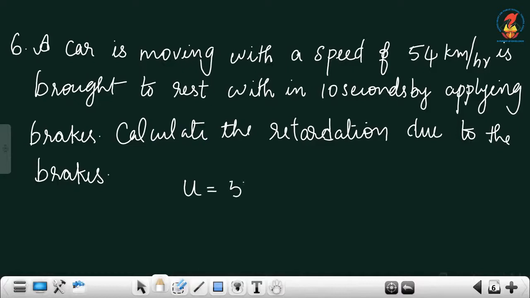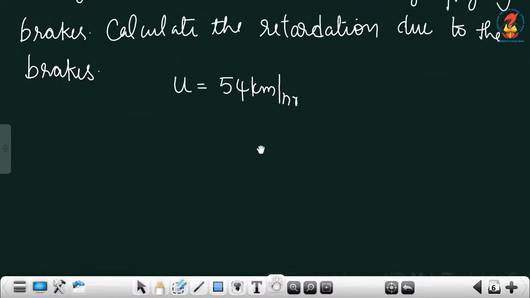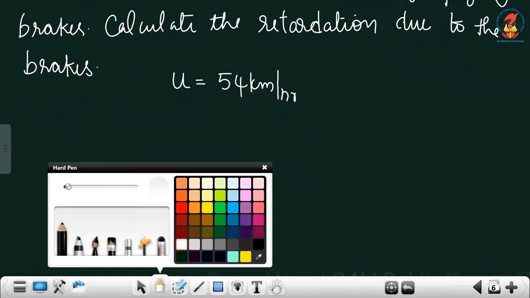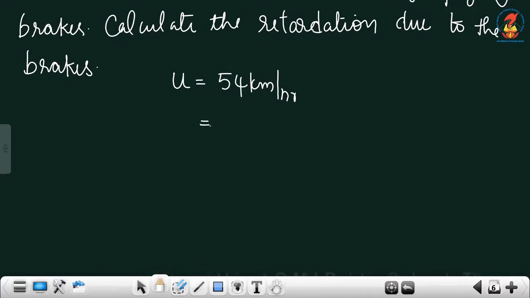So, we will do it like this. u equal to 54 km per hour. Convert it into meter per second. Multiply with 5 by 18. So, 54 into 5 by 18. How many times will 18 go in 54? 3 times. So, 15 meter per second.